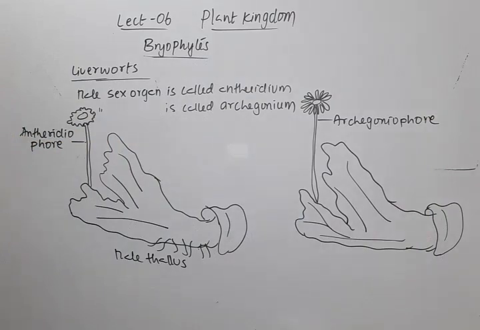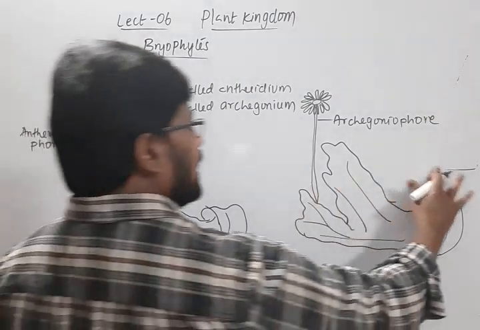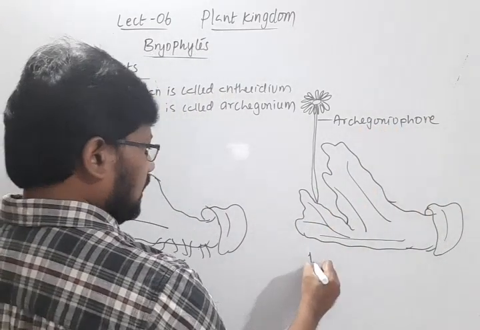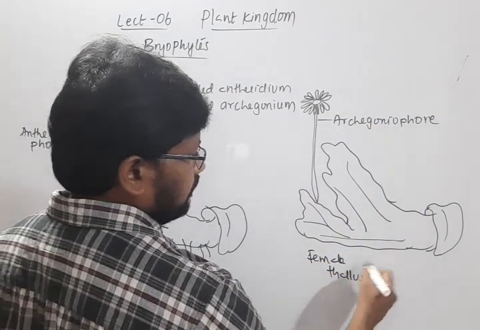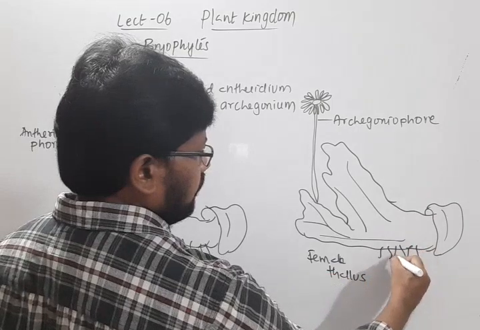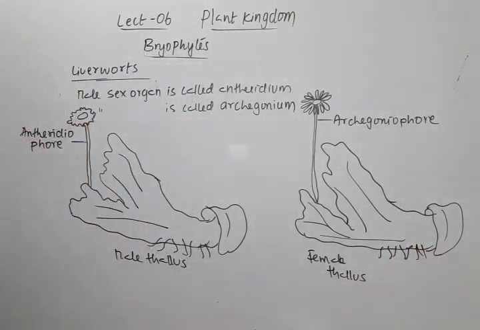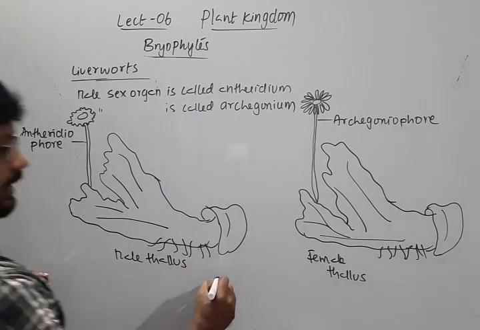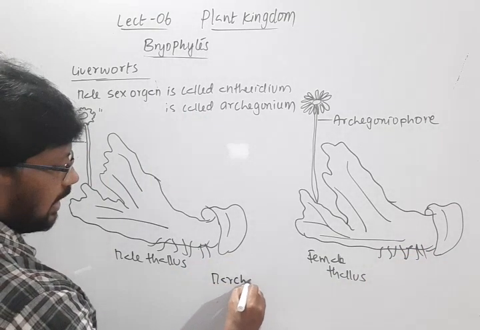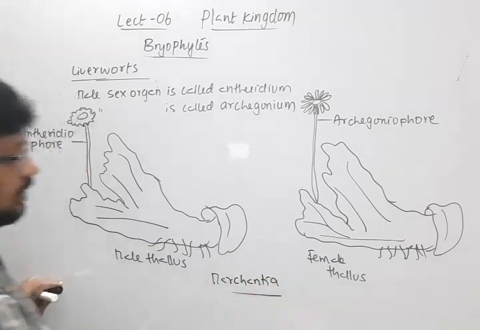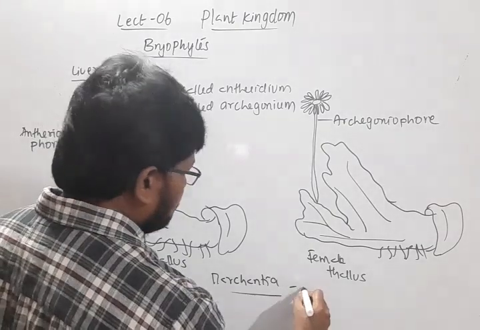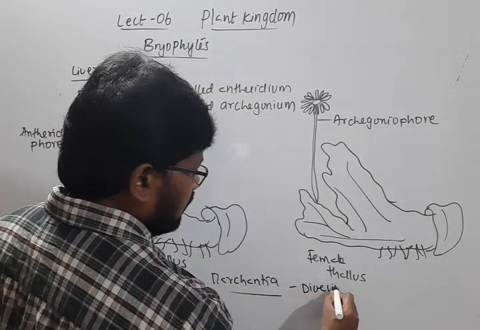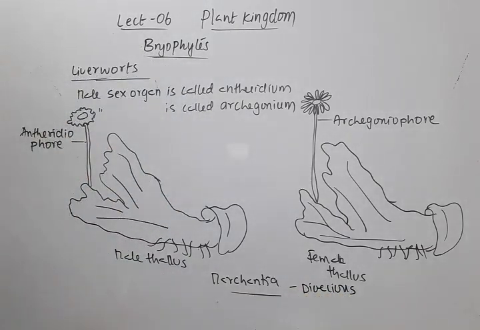The one that has this archegoniophore is the female thallus. So this is the male thallus and the female thallus in Marchantia. Marchantia is a dioecious bryophyte.